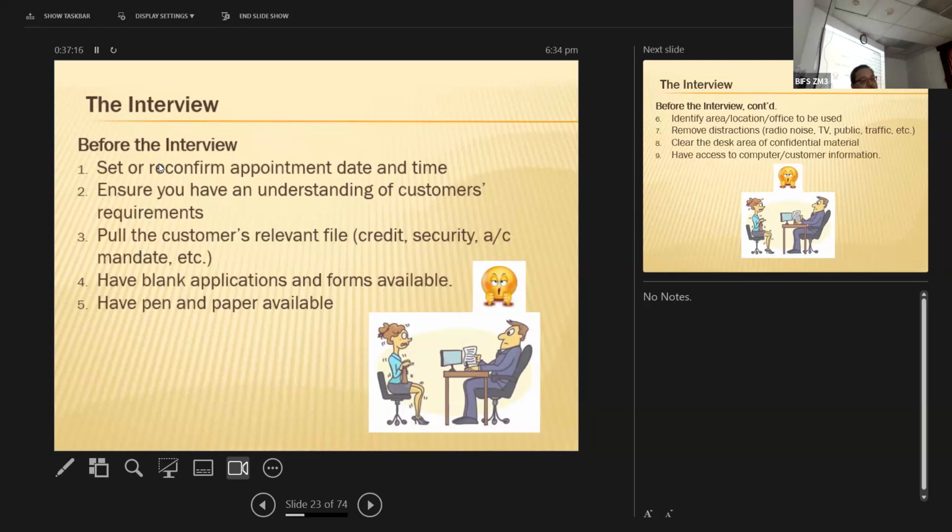You want to see the existing application they completed for the existing loan, and any correspondence that may have transpired. That will be in the credit file.